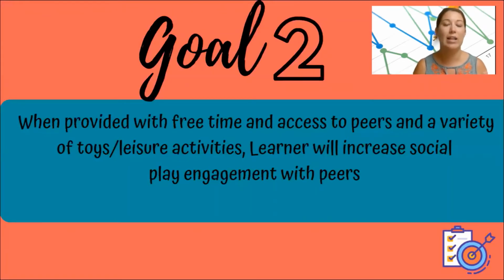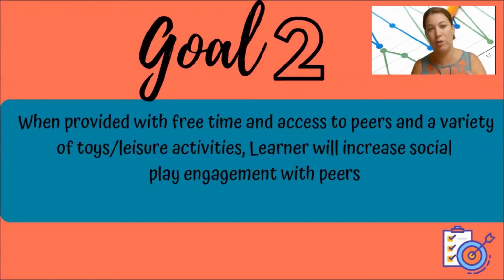I can see exactly what percent of intervals this learner was engaged in parallel play versus associative play versus cooperative play, for example. So here the goal is to increase social play engagement with peers. If I was seeing a lot of solitary play during baseline, I'm really happy then to see more parallel play. That's going to be an increase in social play engagement.